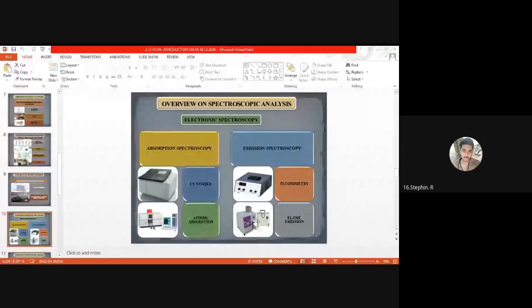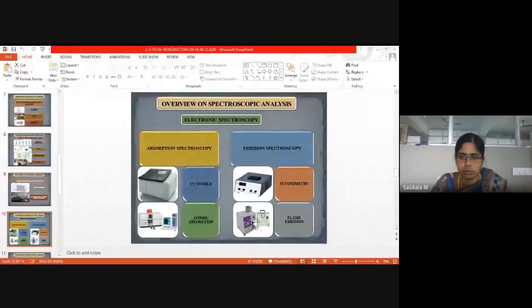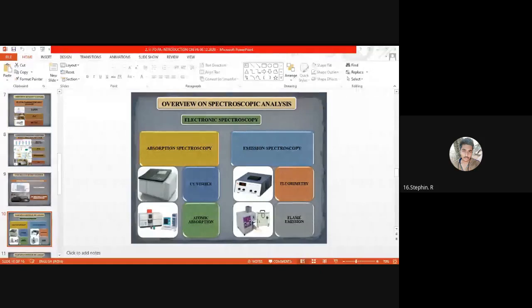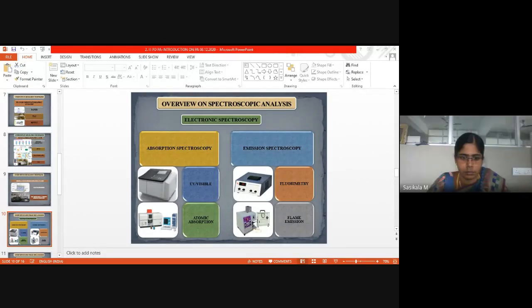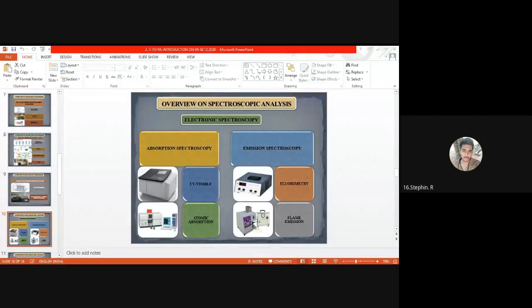Ma'am, the chromatography techniques used in pharmaceutical analysis, ma'am. There are several types. Planar chromatographic analysis, ma'am. In this, they are using paper, thin layer chromatography, and high performance thin layer chromatography, ma'am. These are all plain mediums. And next is column chromatography, ma'am. In that, they are using column adsorption, high performance liquid chromatography, and ion exchange, gas liquid chromatography, ma'am.